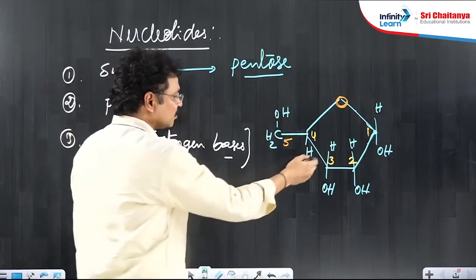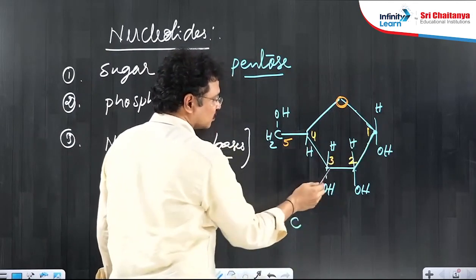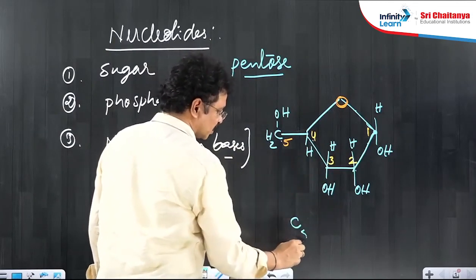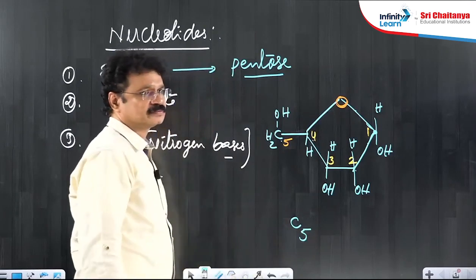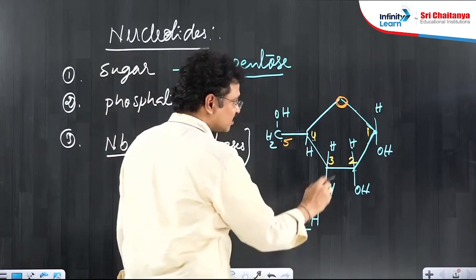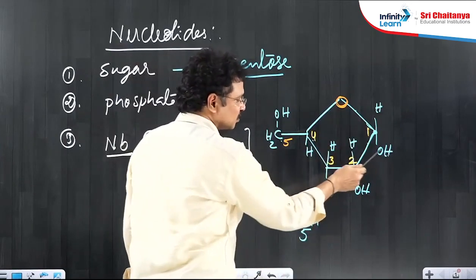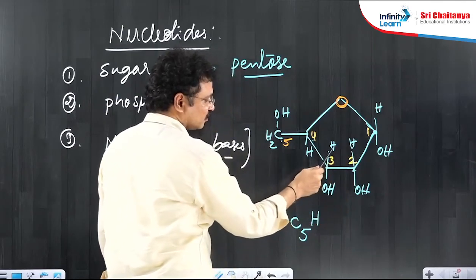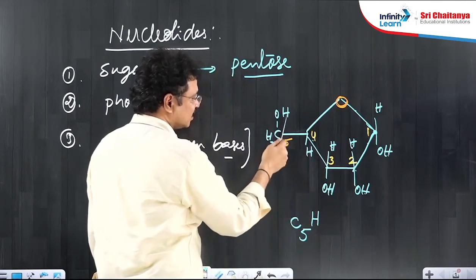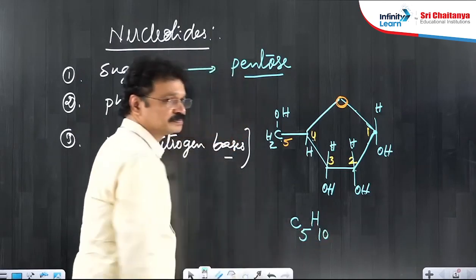Now, how many carbons are there in the entire sugar molecule? Count 1, 2, 3, 4, 5. In the formula, C5. How many hydrogens are there? Count the total number of hydrogen atoms in this molecular structure: 1, 2, 3, 4, 5, 6, 7, 8 plus 2, so 10, H10.